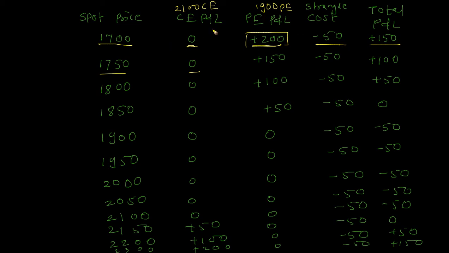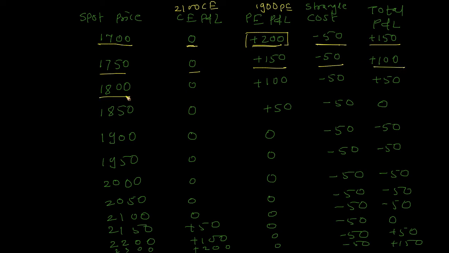Our strike price is 1900 and the market is trading 150 points below it, so my profit is 150 rupees from this put option. My strangle cost, which I have already paid, is minus 50. So my total profit and loss is 150 minus 50, that is 100 rupees.